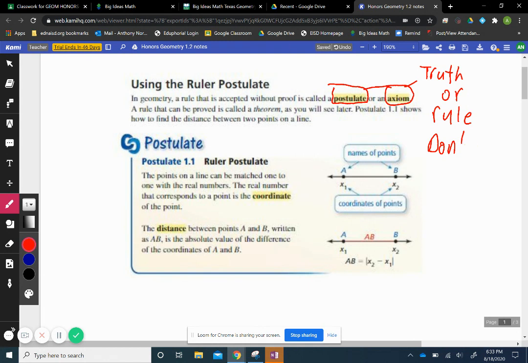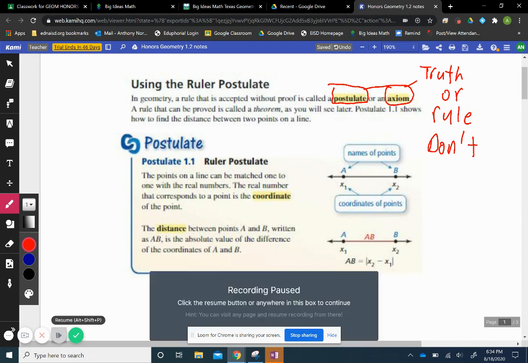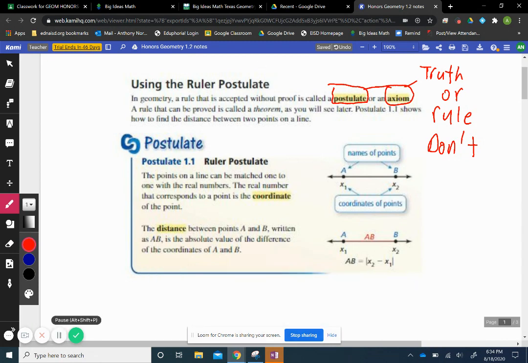An example of an axiom in mathematics would be something like 0 plus 1 equals 1, which is the identity property.